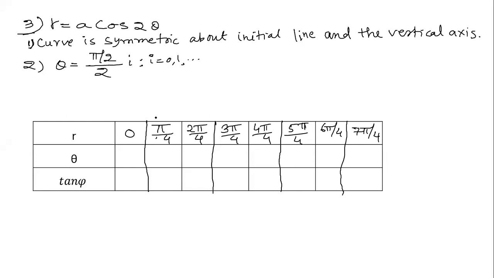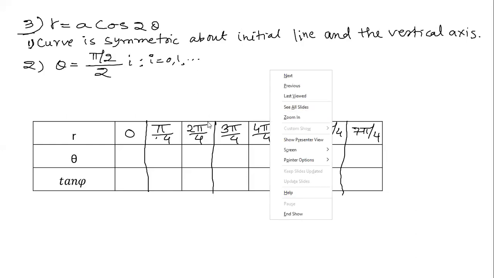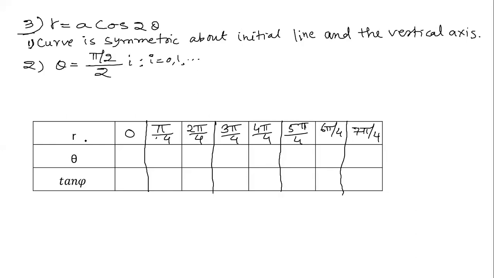So just you have to concentrate here. These were values of theta, and this is r. Okay, theta and r. Now see, theta equal to 0, r will be equal to a. Theta equal to pi by 4, so r will be a times cos of pi by 2, that will be 0.